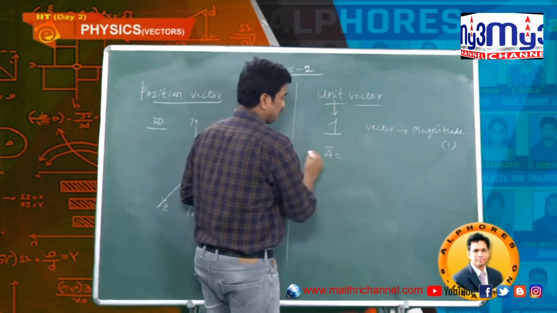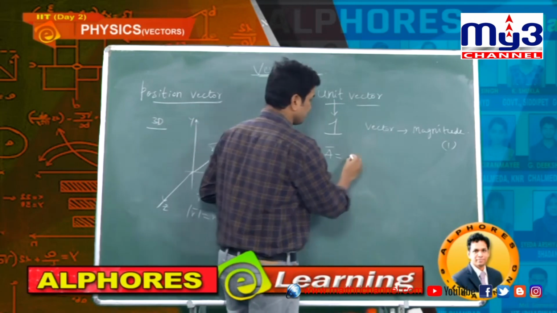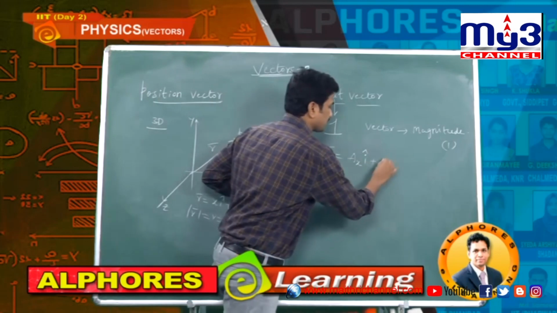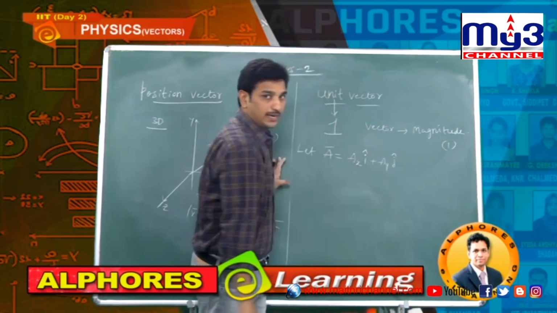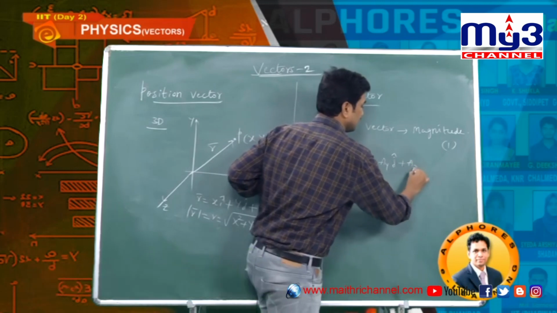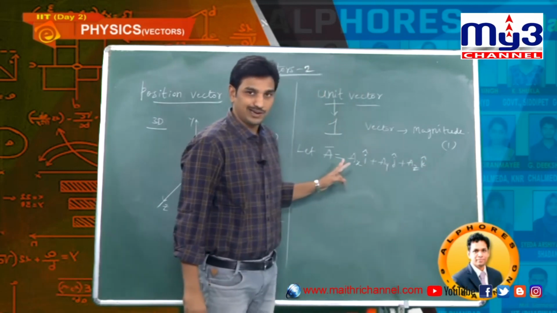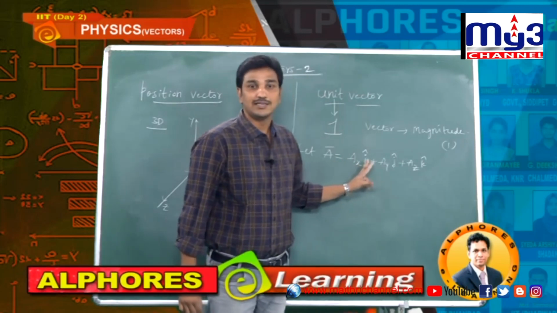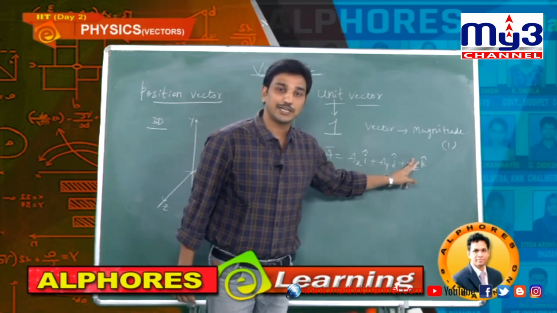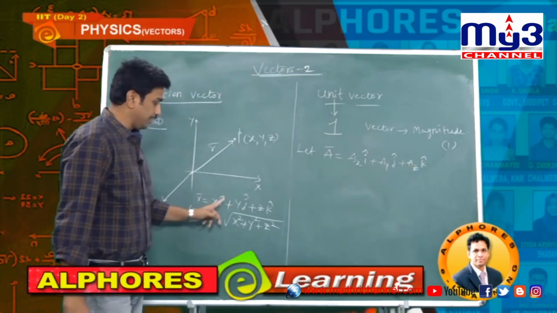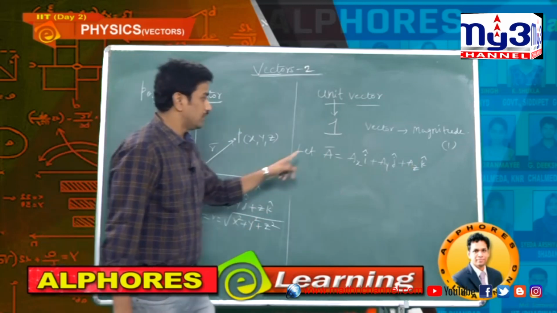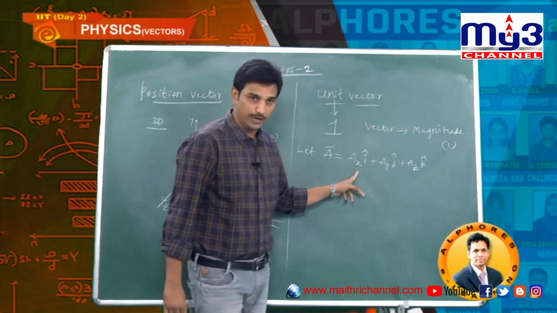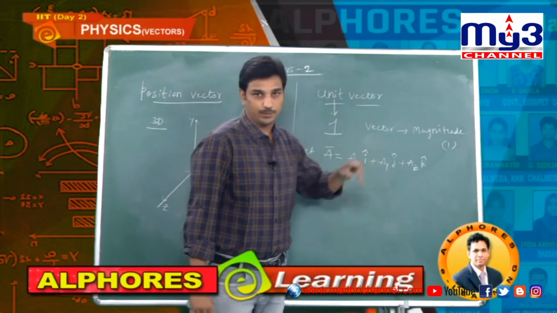Let A bar is equal to Ax i cap plus Ay j cap plus Az k cap. Now you can understand this vector is in 3D because it has x component, y component and z component.